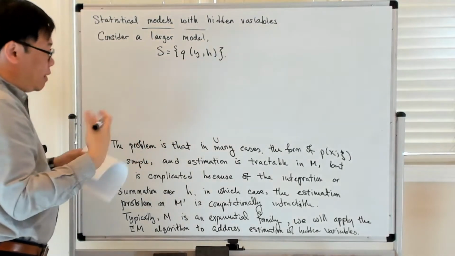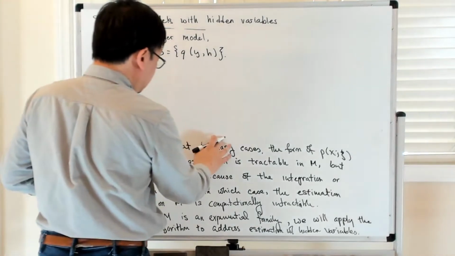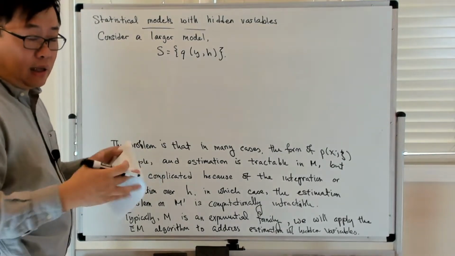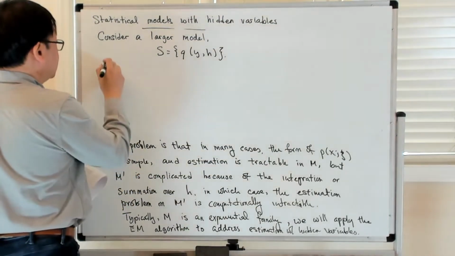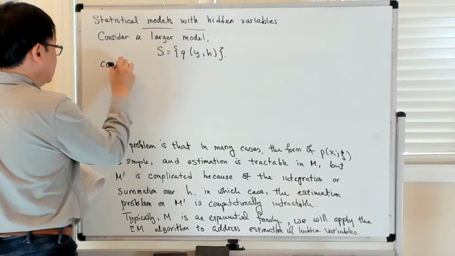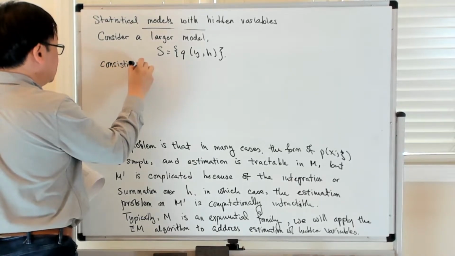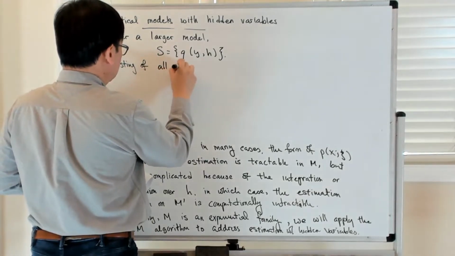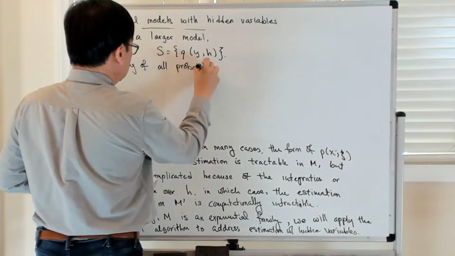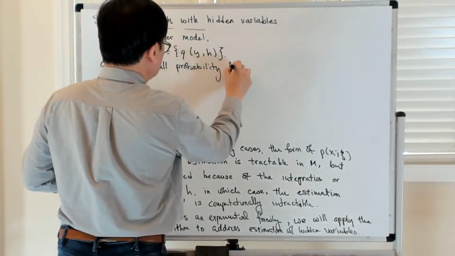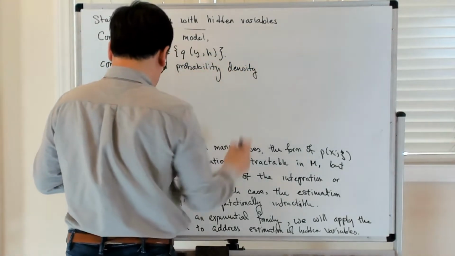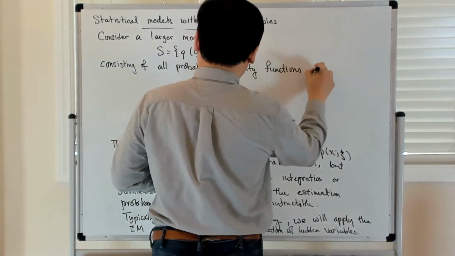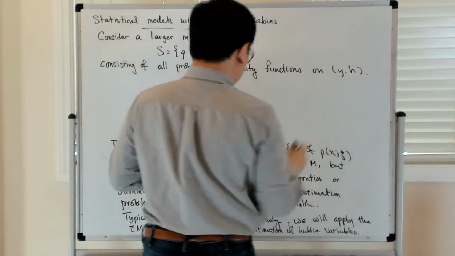So basically now I'm not worrying about parameterizations, I'm looking at all probability distributions on the entire random variable space. So this consists of all probability density functions on the random variables y and h.